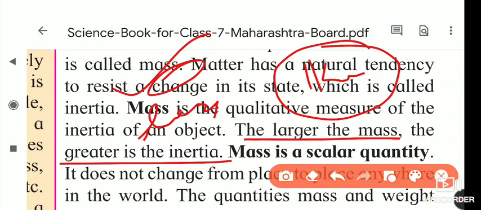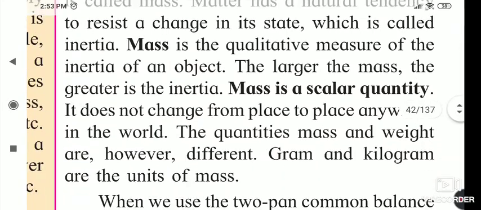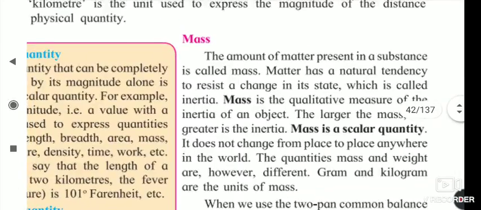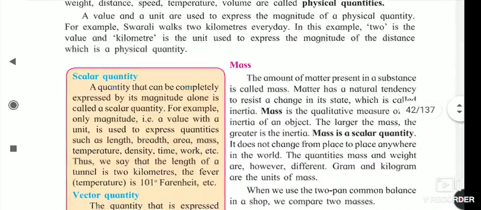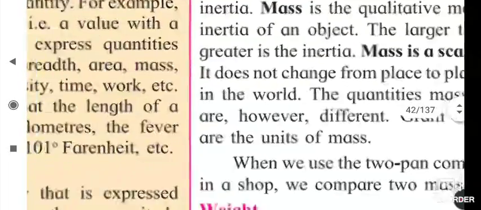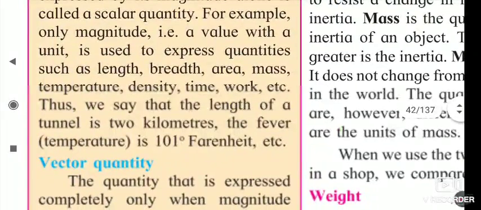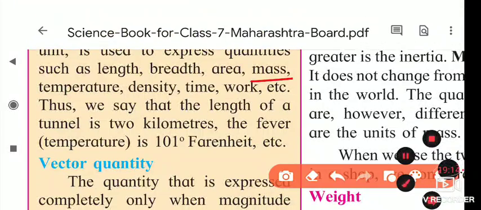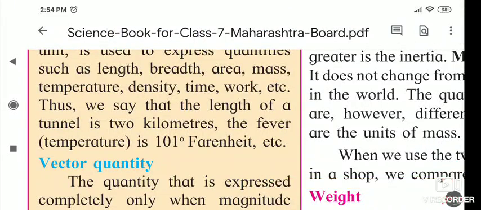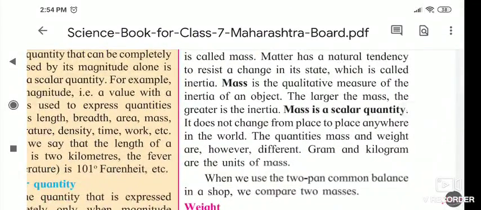Mass is a scalar quantity. Why? Because scalar quantity means we are not taking direction into account, and here also they gave you that mass is a scalar quantity. A scalar quantity does not change from place to place.